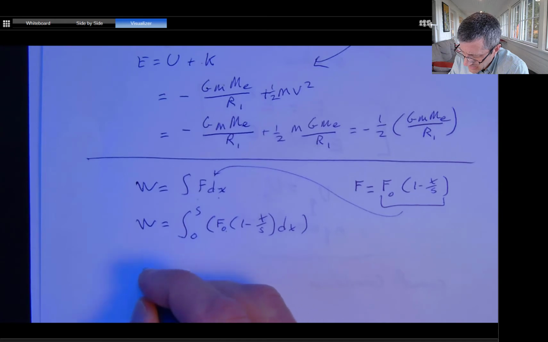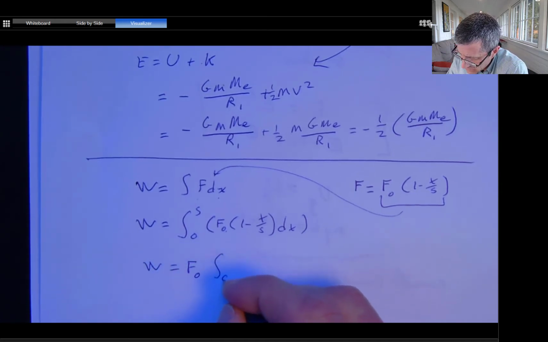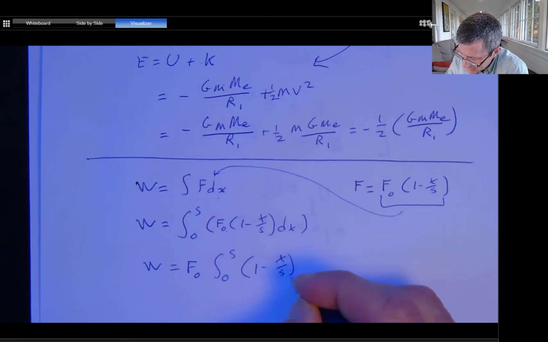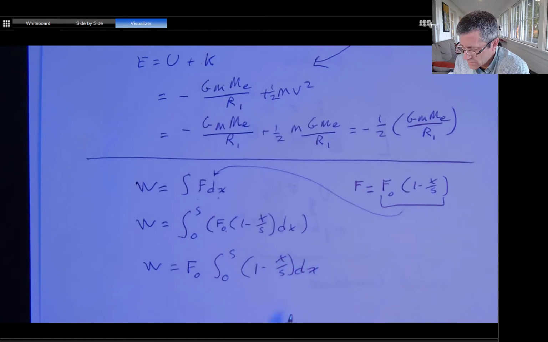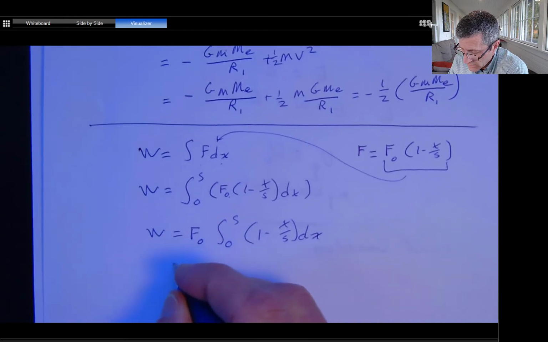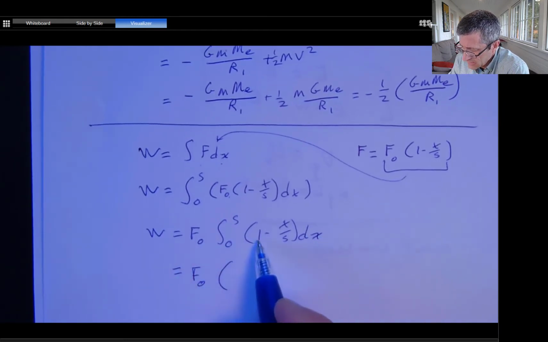So W is going to be F naught, my constant comes out of the integral, times the integral of 1 minus x over s times dx. This is like taking the integral of dx and also taking the negative integral of x dx over s. The integral of dx is just going to be x.